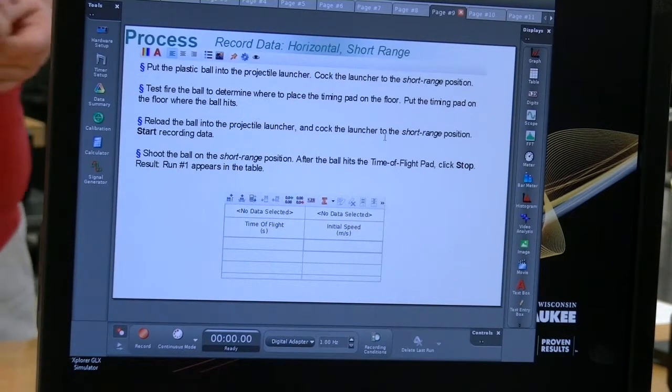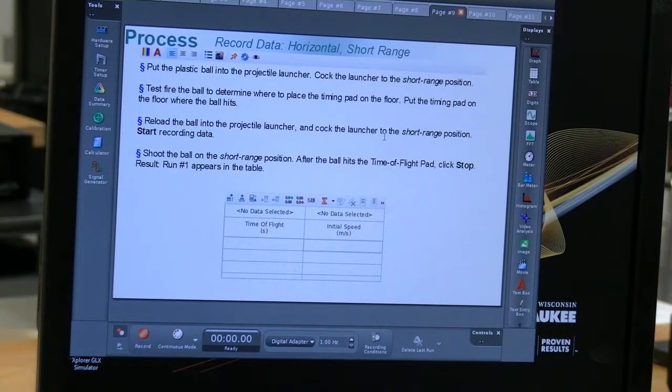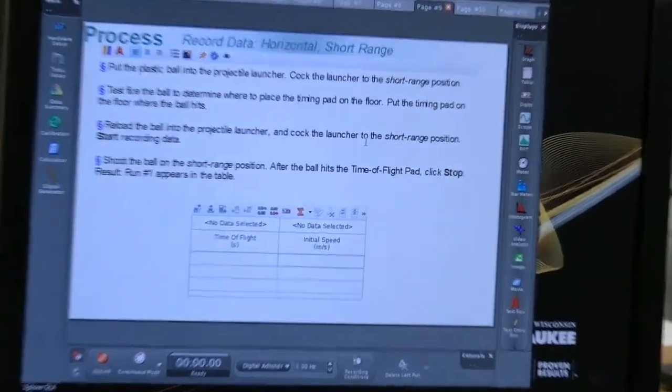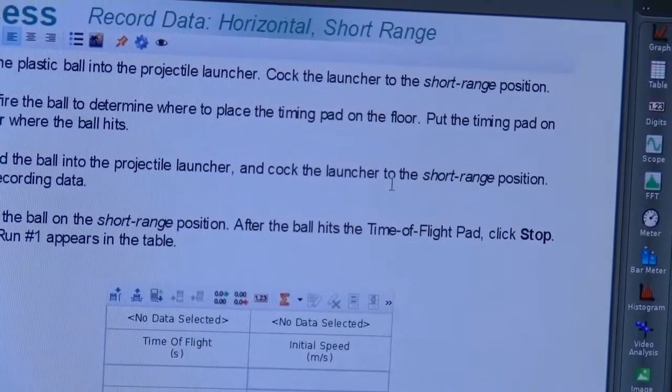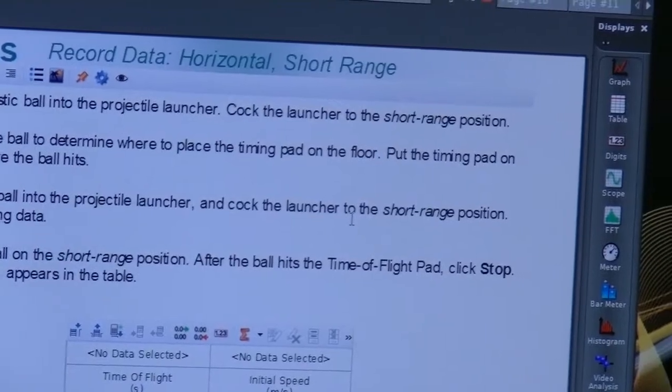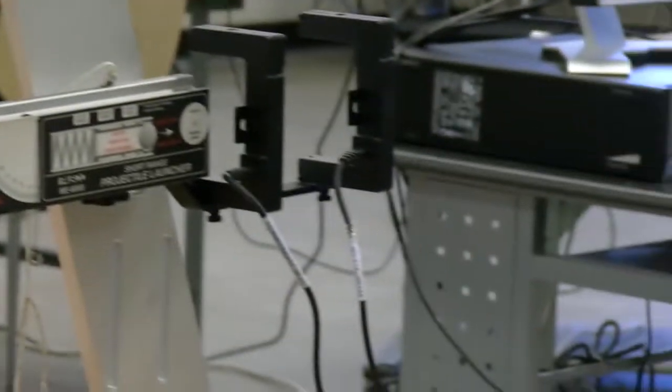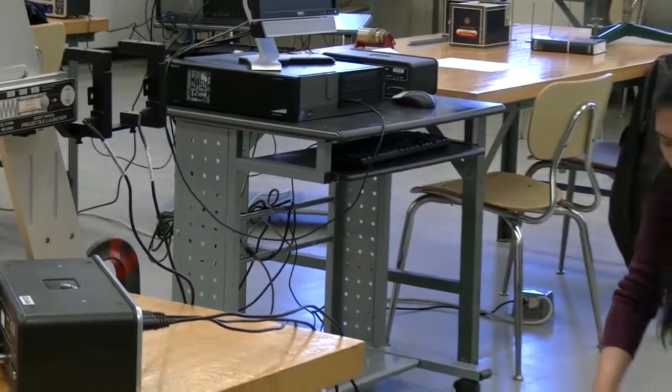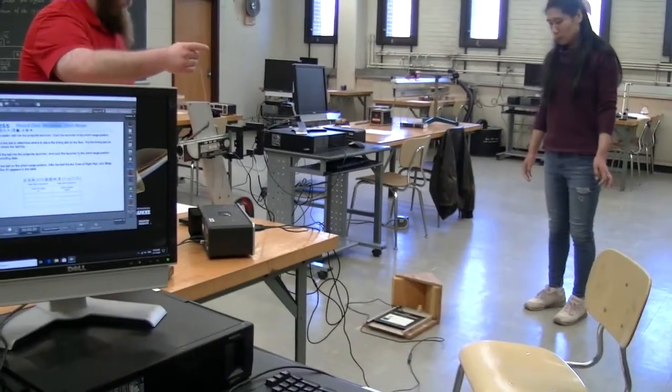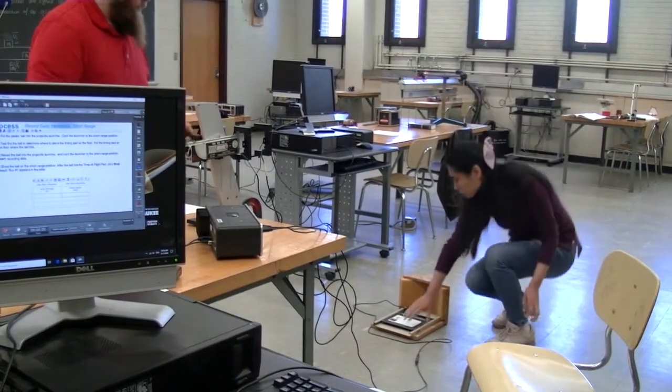Okay, let's now repeat the short range for the 0 degree shooting of this projectile. Farther back a bit.